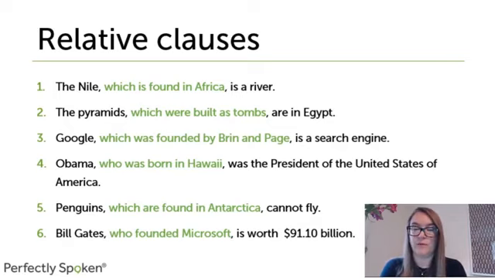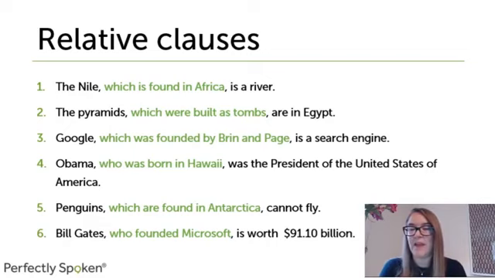Number 4, Obama, who was born in Hawaii, was the President of the United States of America. Number 5, penguins, which are found in Antarctica, cannot fly. And number 6, Bill Gates, who founded Microsoft, is worth $91.10 billion.